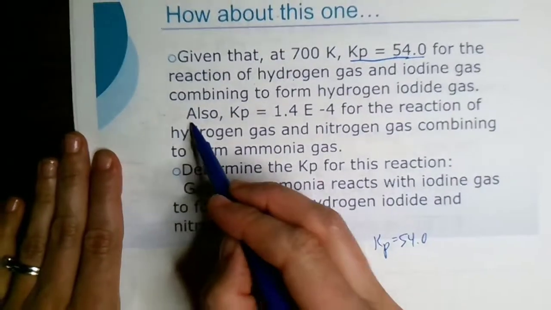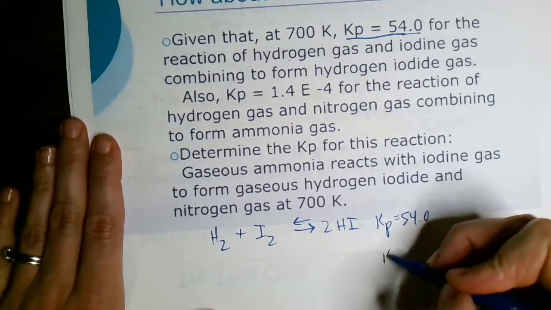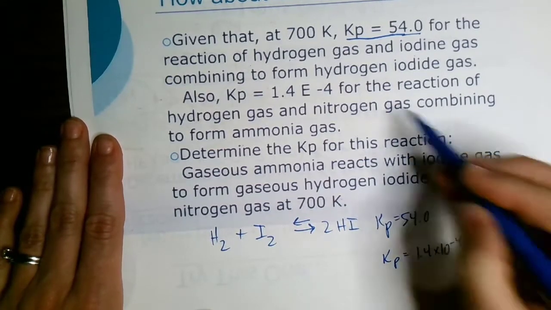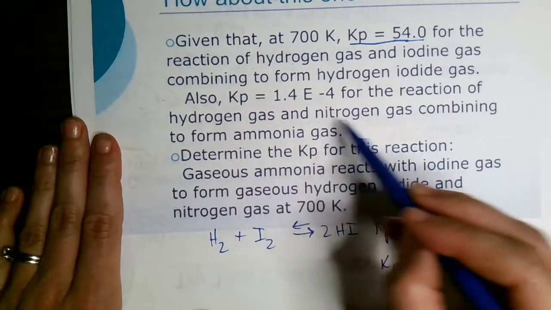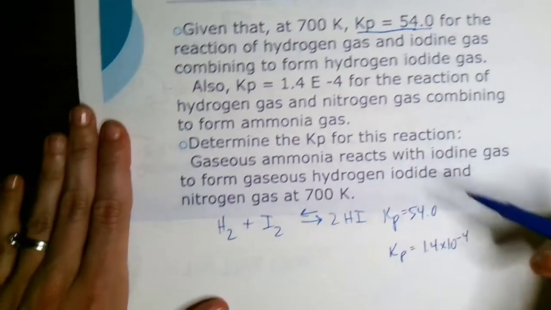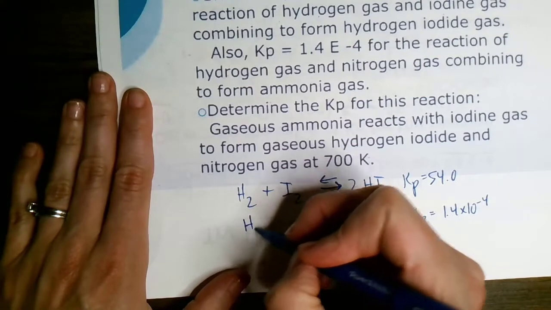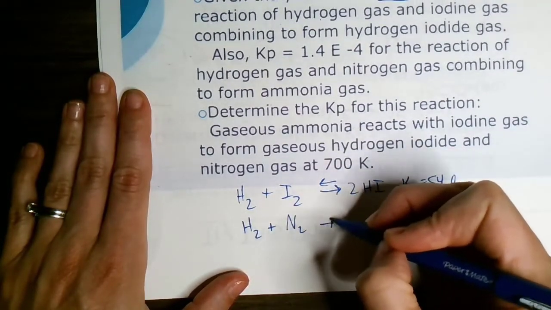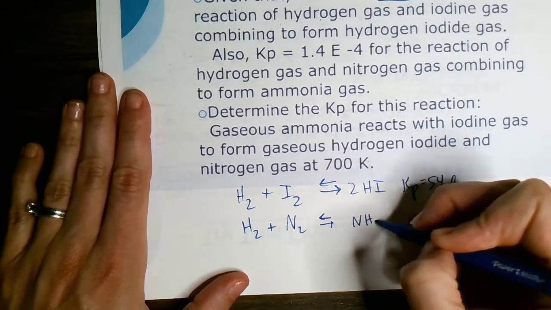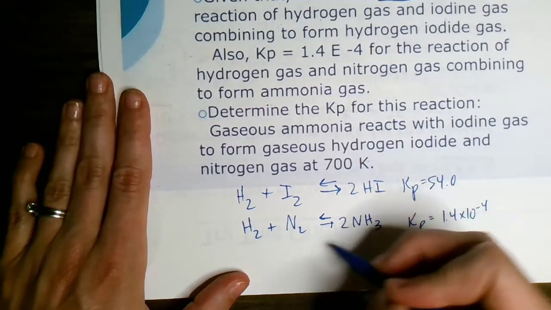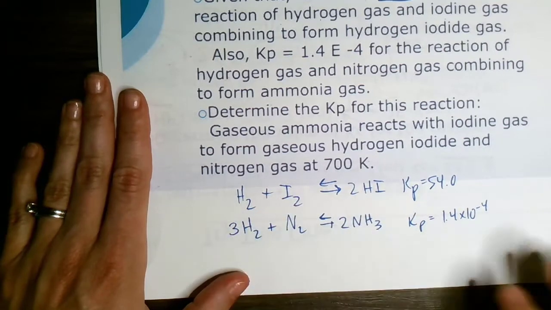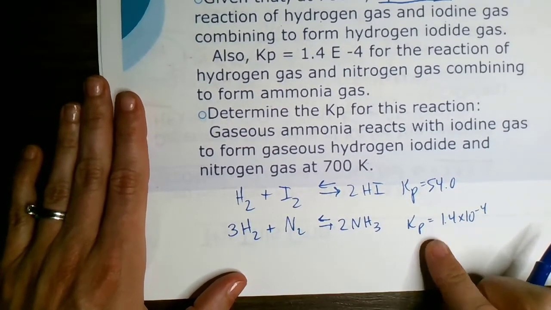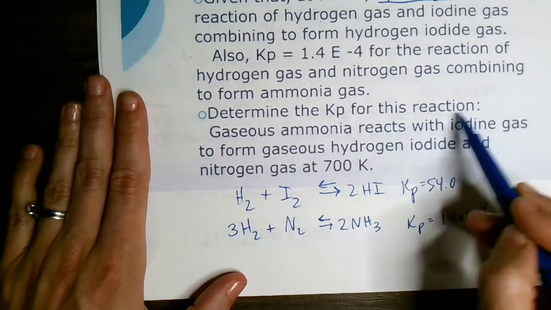Okay, also a Kp, so we've got a second one. Kp is 1.4 times 10 to the negative 4th for the reaction of hydrogen gas and nitrogen gas combining to form ammonia. Oh, we did that one already. Hydrogen gas plus nitrogen gas combining to form NH3. We did this, 2 and 3. There we go. Now, determine the Kp for this reaction.